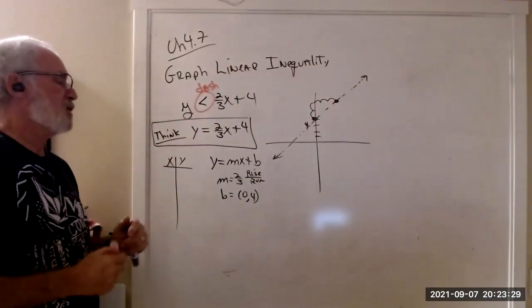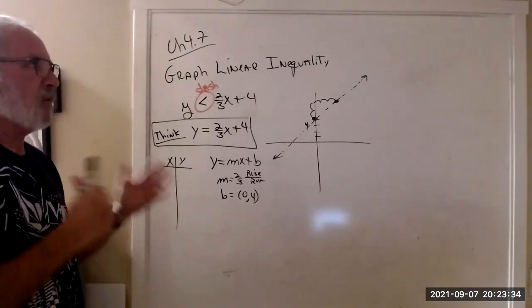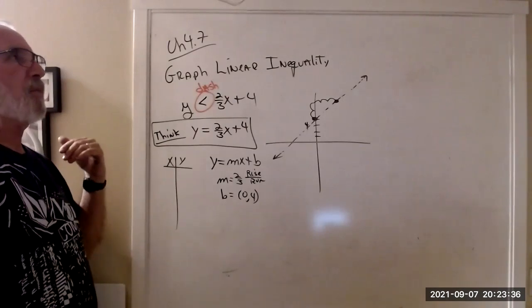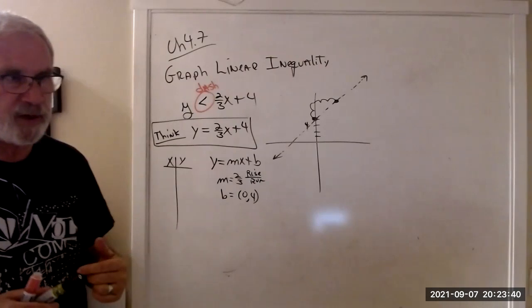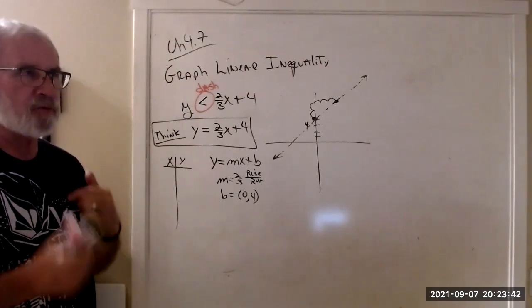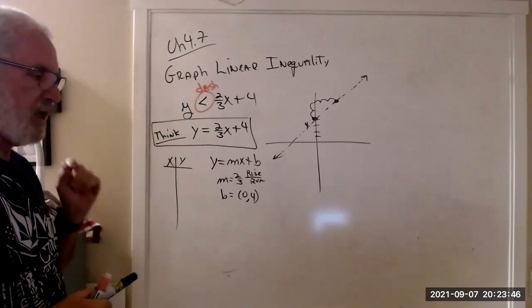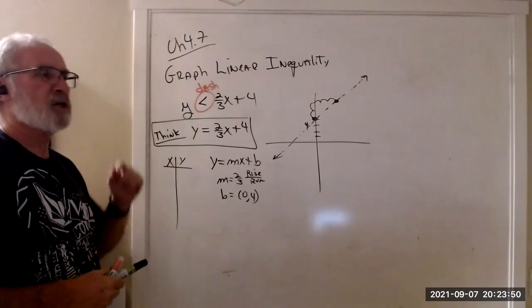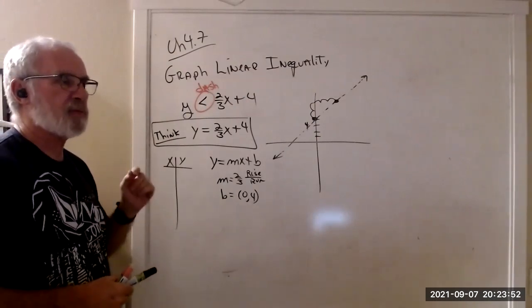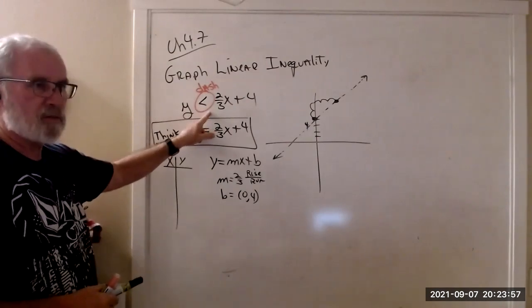Okay. Secondly, we have to determine where to shade. Now, there's a shortcut and then there's a right way of doing it. And both of these are necessary for you guys to learn. If your original problem was in slope intercept form, there's my original problem.